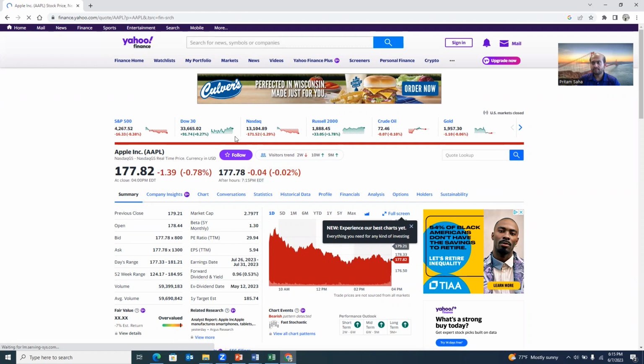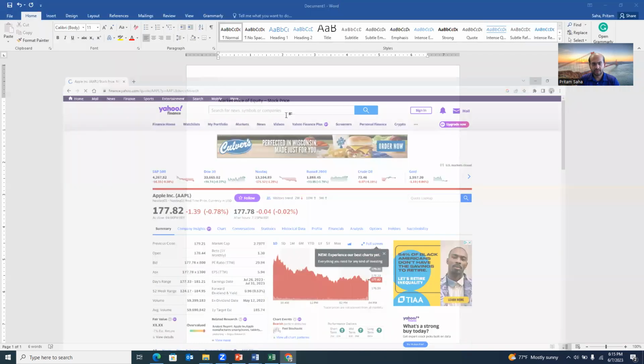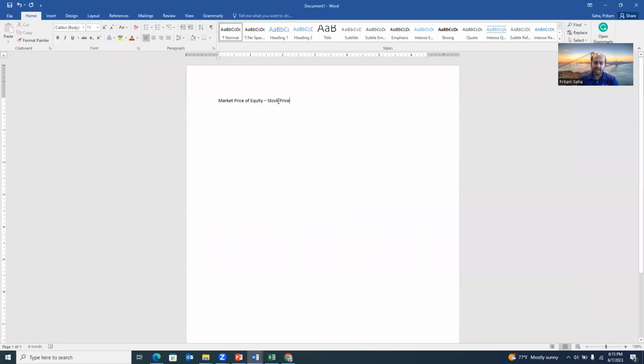Now, some more cautions. When you say market price of equity or market value of equity, we basically refer to total value. So the caution is, when you say market price of equity, in most cases we mean total value, total price.